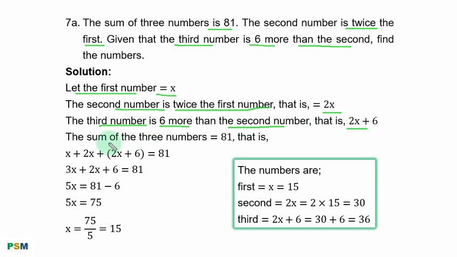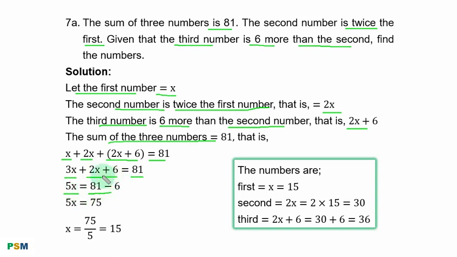The sum of the 3 numbers is 81. That is first number plus second number plus third number equal to 81. You open the bracket, s plus 2s, that is 3s, plus 2s plus 6 equal to 81. You have 5s equal to 81 minus 6.